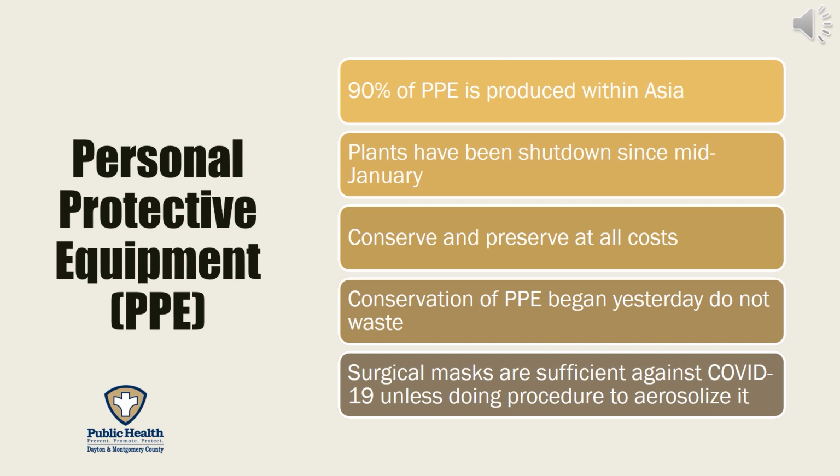We cannot waste any of this PPE, and it is so very important that all agencies and partners in this are conserving their PPE as best they can. We do know that surgical masks are sufficient against COVID-19 unless you're doing procedures that aerosolize it. So again, PPE conservation is so vitally important right now.